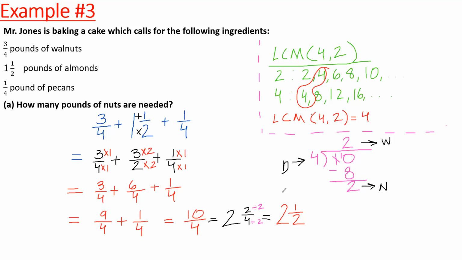How about you, Brianna? Do you understand how we got our answer? Yes, sir. Okay. Brianna, explain how we got 2 and 1 over 2. Where's Brianna? Yes, sir. Can you explain how we got 2 and 1 over 2?